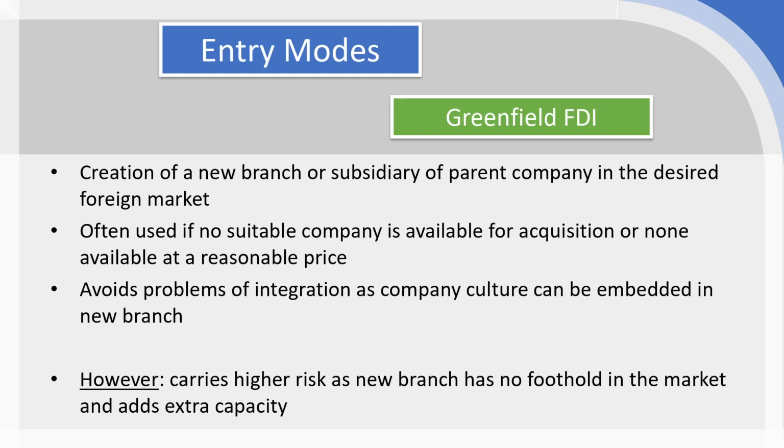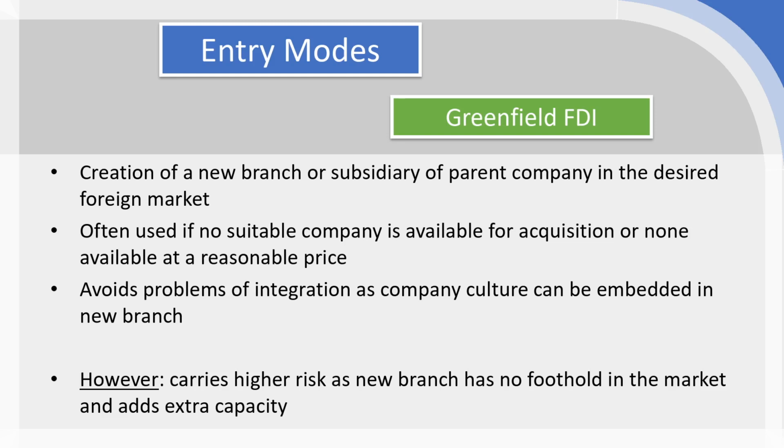You can configure your logistics networks or distribution networks however you like, but you are adding new capacity to the market. So instead of acquiring, let's say, the sixth biggest competitor in that particular industry, you're going to be going in and adding a seventh new player. So adding new capacity always comes with increased risk.